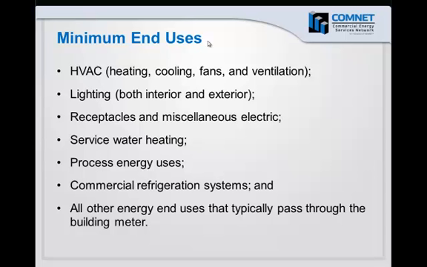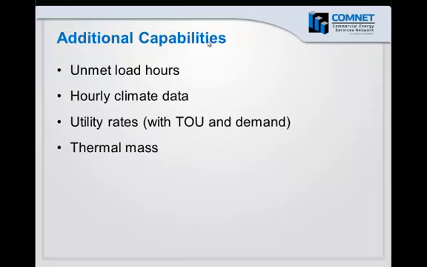The requirements of the performance rating method, which COMNET's built upon, require that all energy use be accounted for in the percent savings calculation. So it's necessary that all of these end uses be accommodated. A few other additional capabilities. The simulator needs to keep track of unmet load hours.